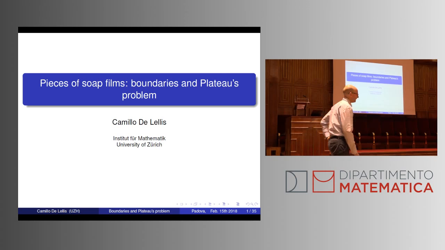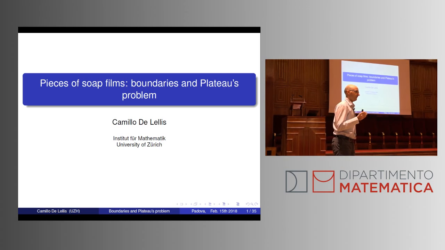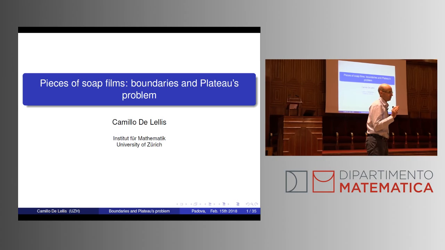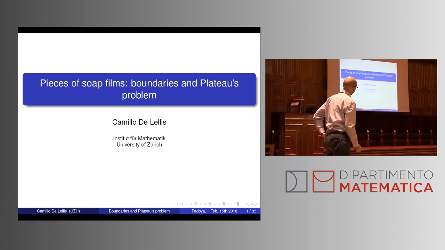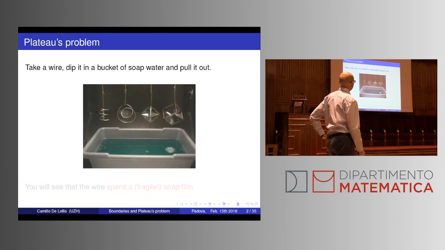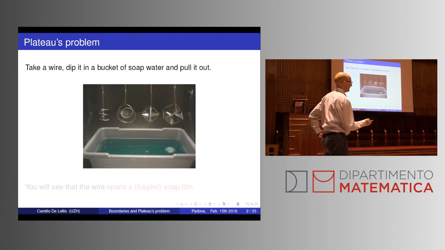Like pretty much everything in mathematics, it is not named after the person who really first invented the problem. Actually, the Plateau's problem was first posed by Lagrange. But nonetheless, there's something very nice that you can do. Take a wire, dip it in a bucket of soap water, and pull it out.